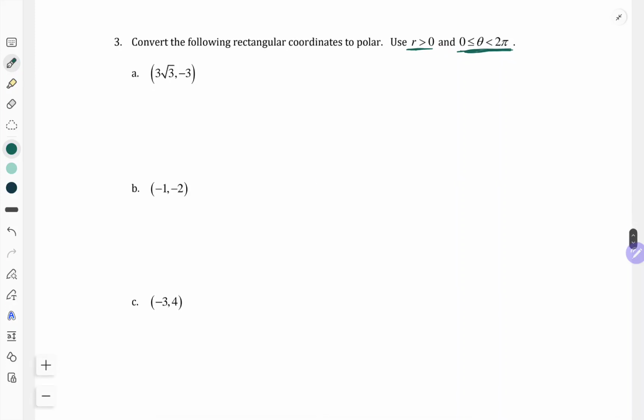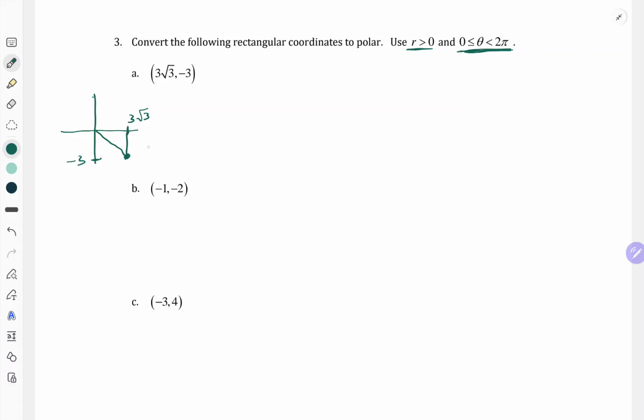So let's go and try this one. The first thing I always do is just draw out which quadrant I'm in. It doesn't have to be super accurate, but 3√3 would be somewhere over here, positive direction. And then -3 would be somewhere down here, negative direction for the y. So that's going to put our point somewhere in quadrant 4.